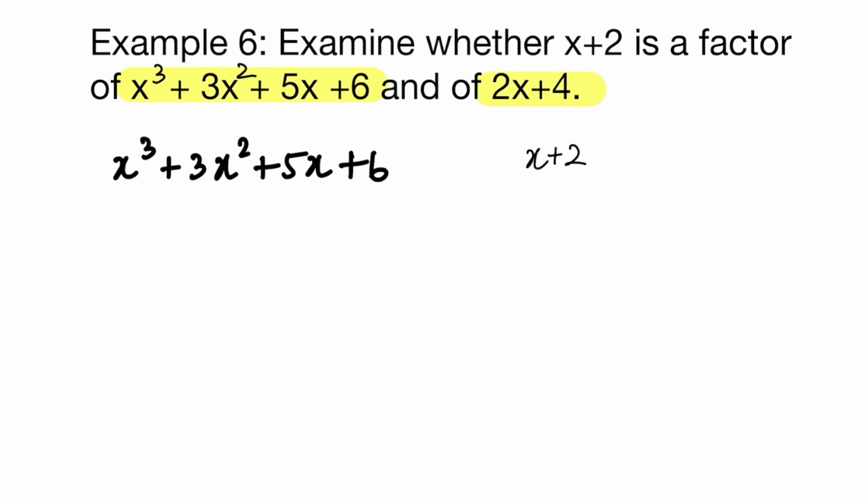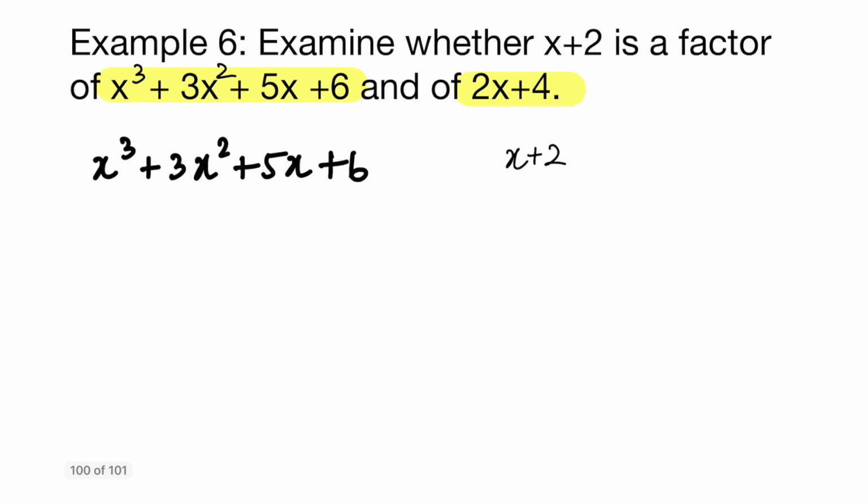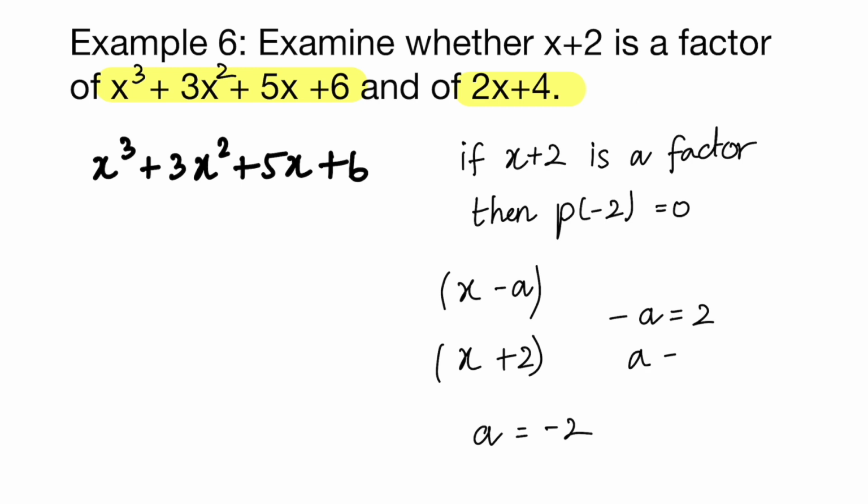If x plus 2 has to be a factor, then p of minus 2 should be 0, because that is what factor theorem says. If you consider x plus 2 in the form of x minus a, then the value of a is equal to minus 2, because minus a is equal to 2, so a equals minus 2.